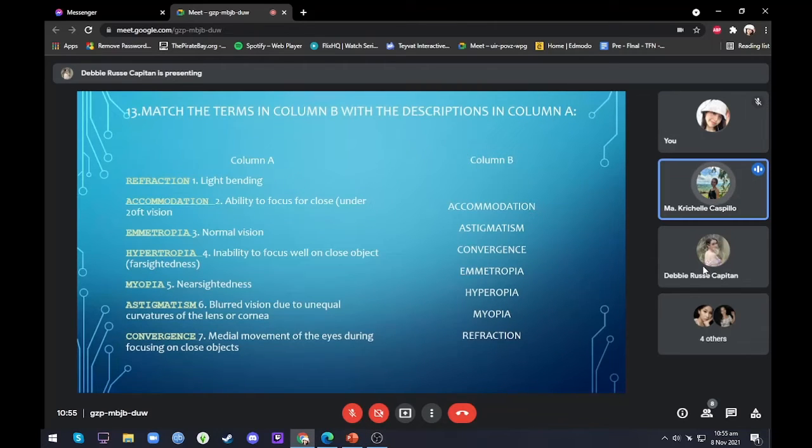Inability to focus well on close objects or farsightedness is hypertropia. 5. Nearsightedness is myopia. 6. Blurred vision due to unequal curvatures of the lens or cornea is astigmatism. 7. Visual movement of the eyes during the focus on close objects.